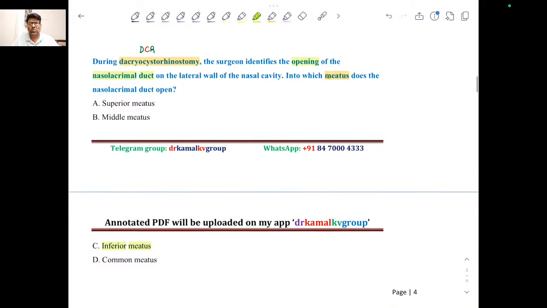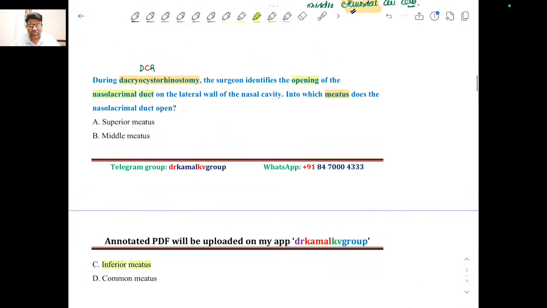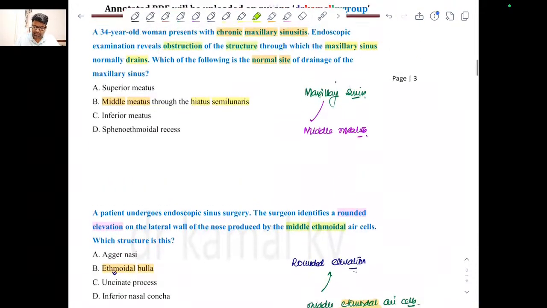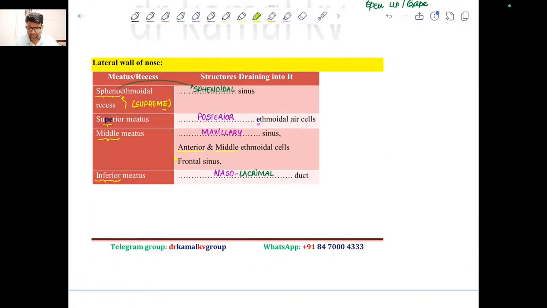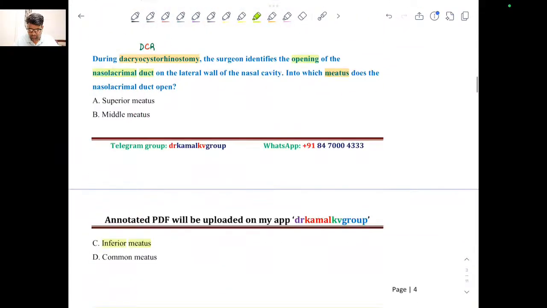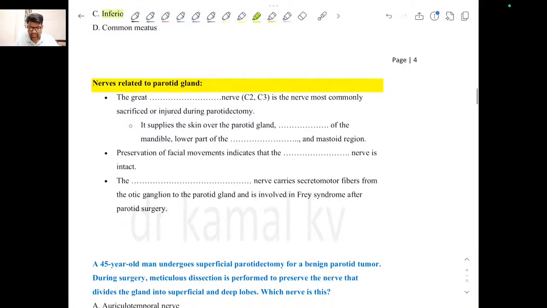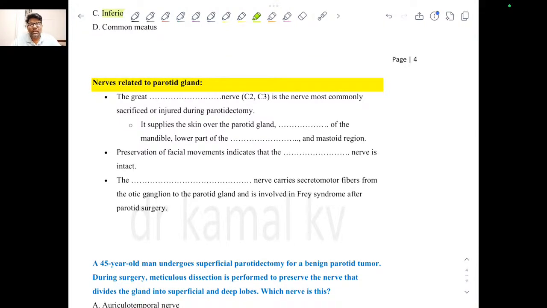Lateral wall of nose is a very important topic. Every time you will have a question out of this, and this box will help you in solving such questions. So please be perfect with this box. Moving forward to the next important topic, nerves related to parotid gland.